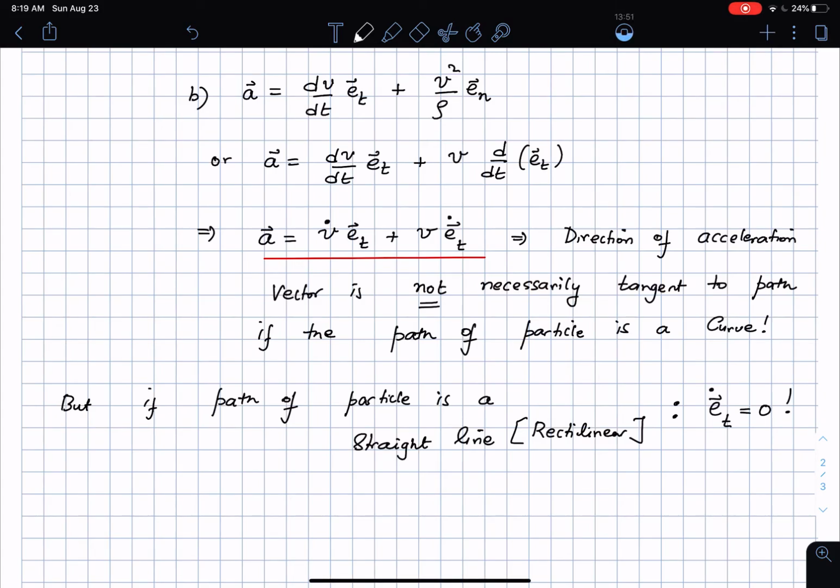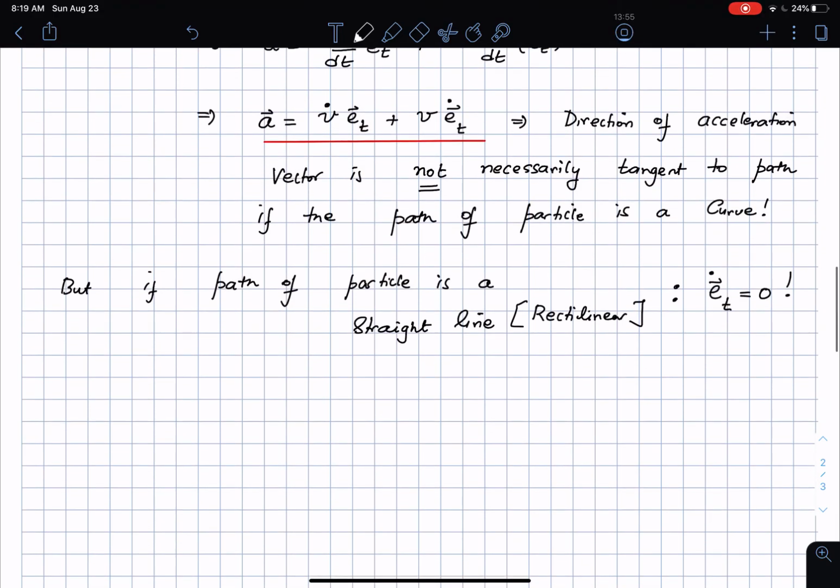Then the tangential vector is not going to change with respect to time. And so in rectilinear motion, I have the following nice things happening to me, making my life a little simpler.